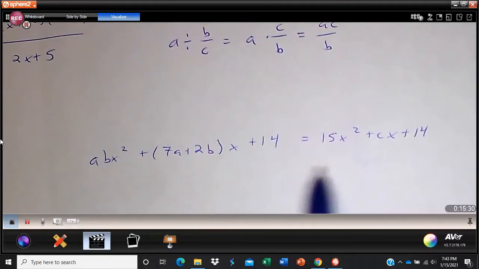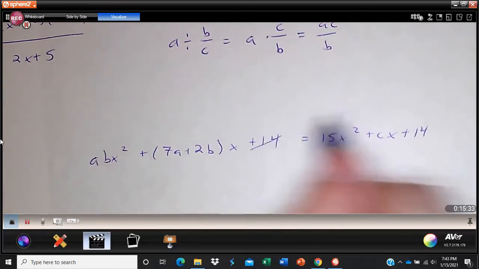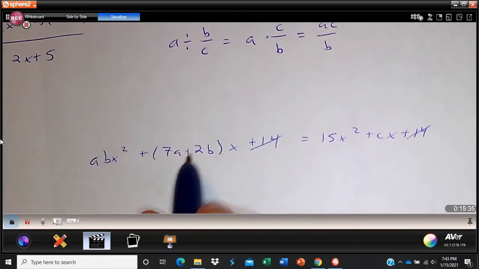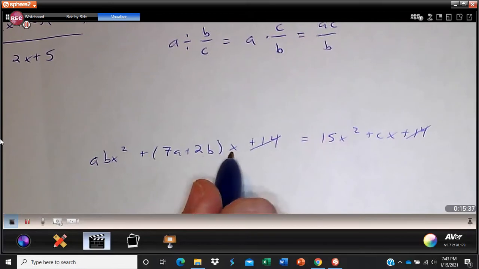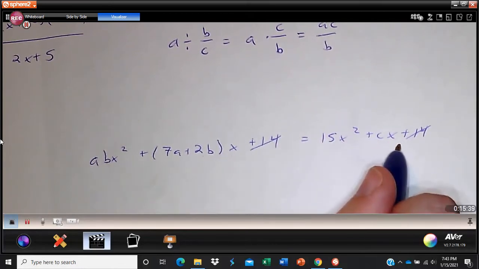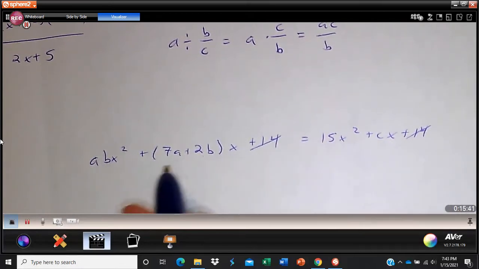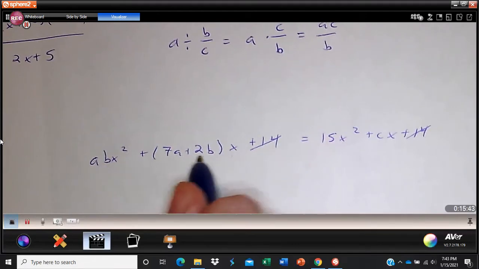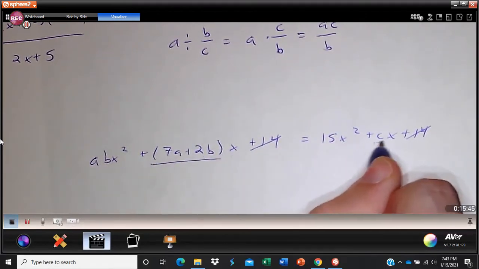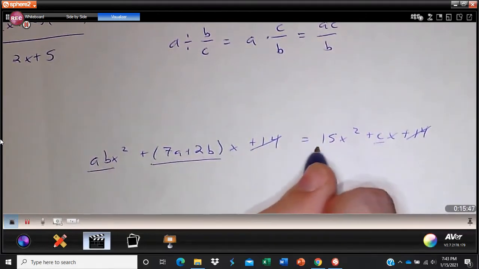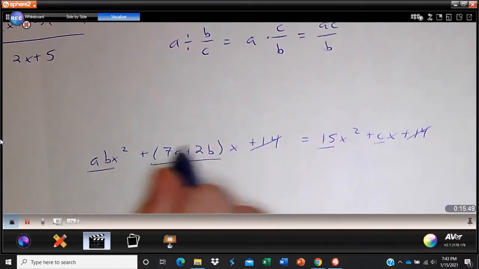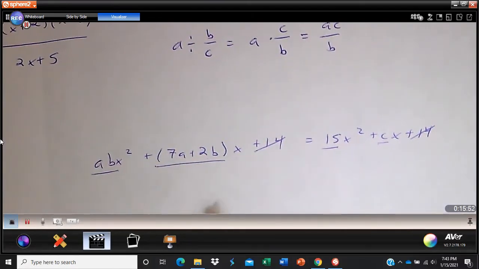And we can see here on the left and right, well, we can get rid of the 14s pretty quickly, but there's something times x here and something times x there. There's no way that anything times x squared will give you an x value, so this must be equal to c, and then this must be equal to 15, because this is the x squared part of it. So that's how I got those simpler equations out of it.